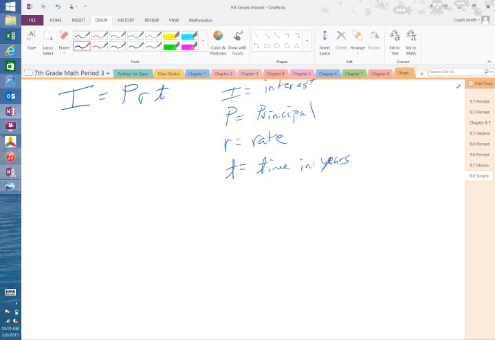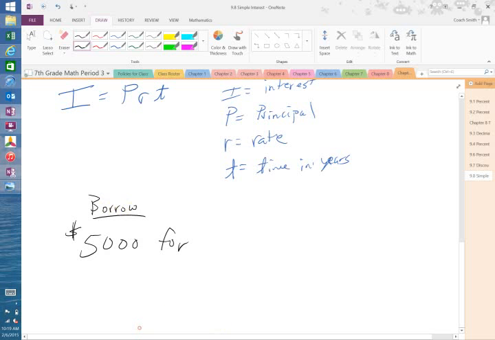Let's say I borrow $5,000. I'm borrowing here, this is a borrow. I'm borrowing $5,000 for 10 years. Now let's go with something more realistic. Let's go 5 years. These days, you could probably get 6% interest.